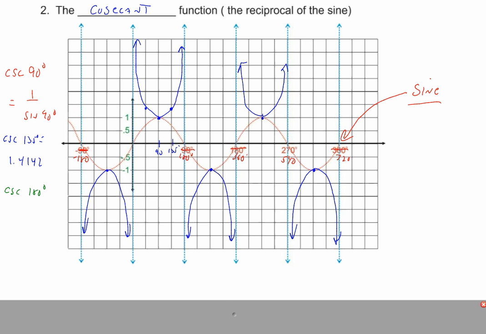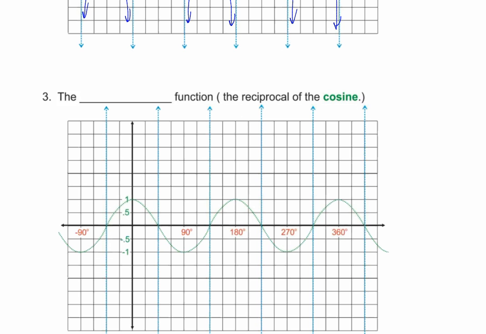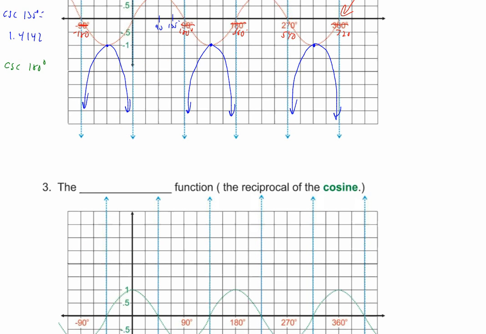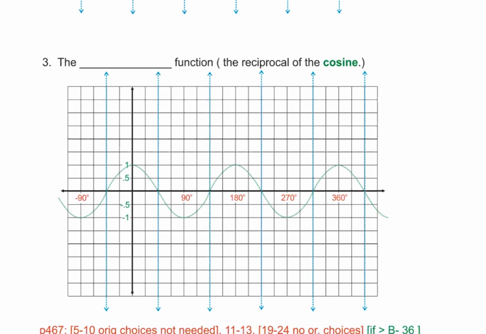All right, so let's do the secant. It's the exact same concept. Unfortunately, I messed up the graph again with the amount of degrees, so we got to change that. So again, go back and change your degrees. The 180 is 360.